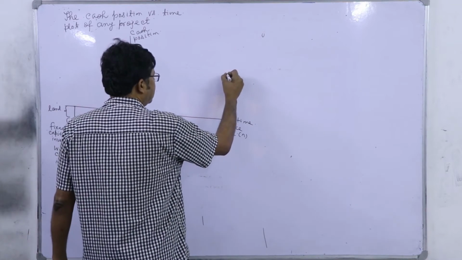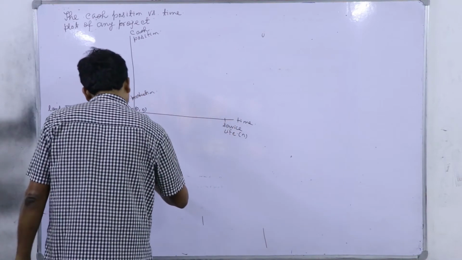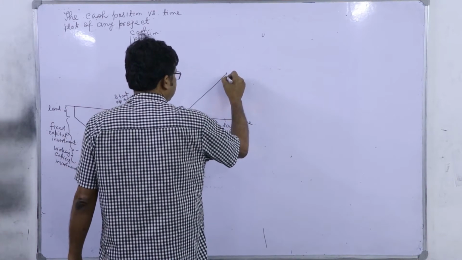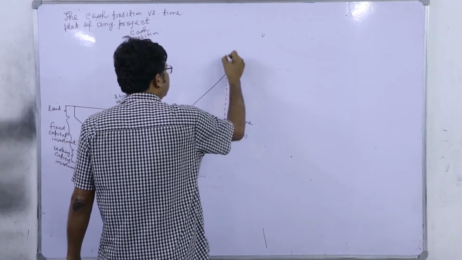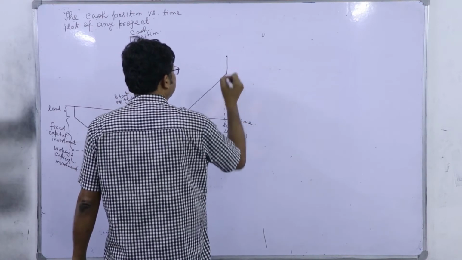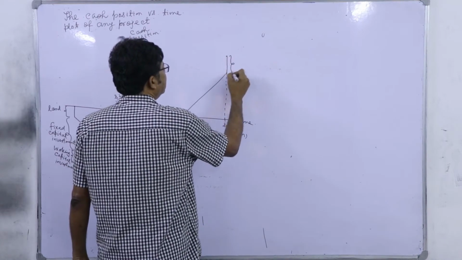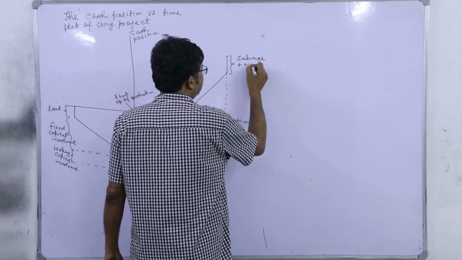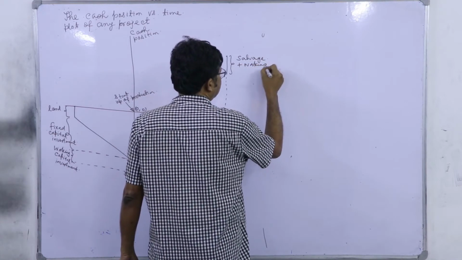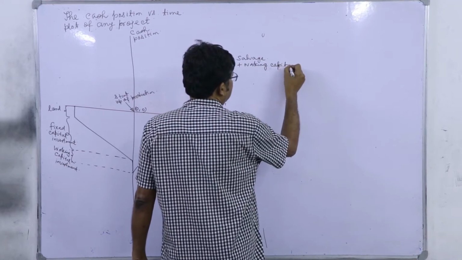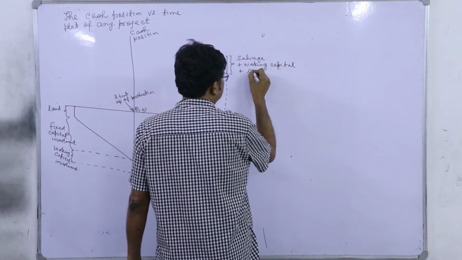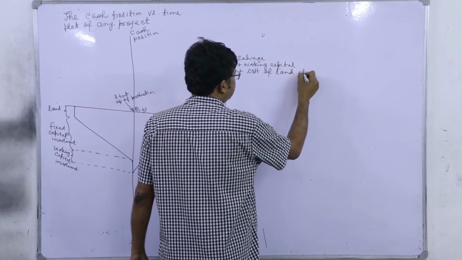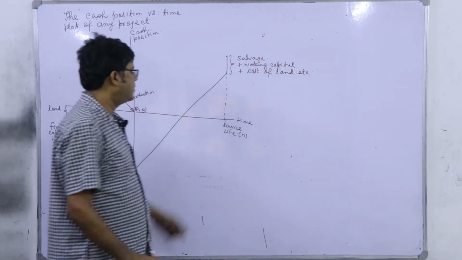At the end of the project, we may be somewhere here, and at that point my cash position will further increase, because we are getting back the salvage, the working capital, and we also get back the land.